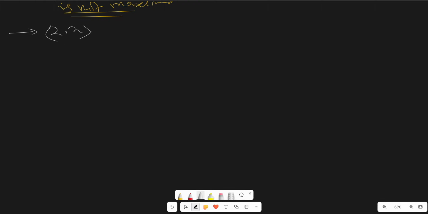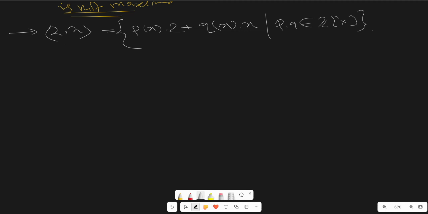It is p(x) times 2 plus q(x) times x, such that p and q are polynomials from Z[x]. This is an ideal of this ring, right?